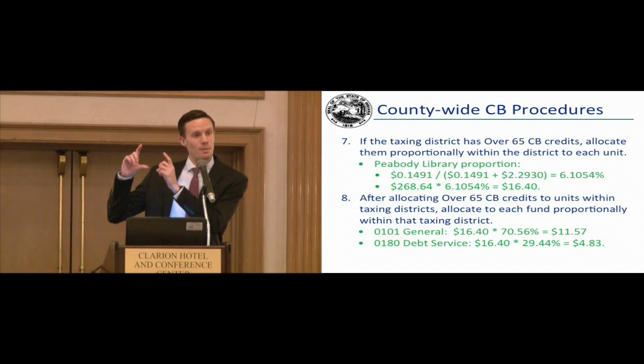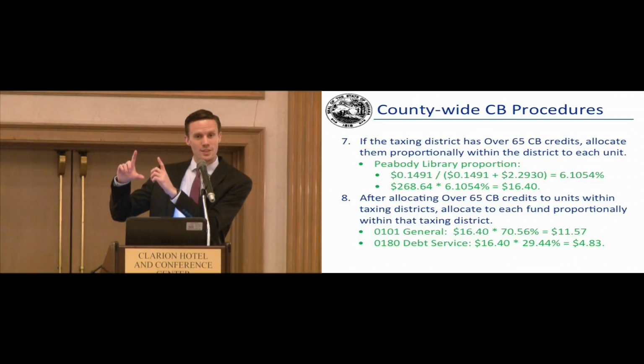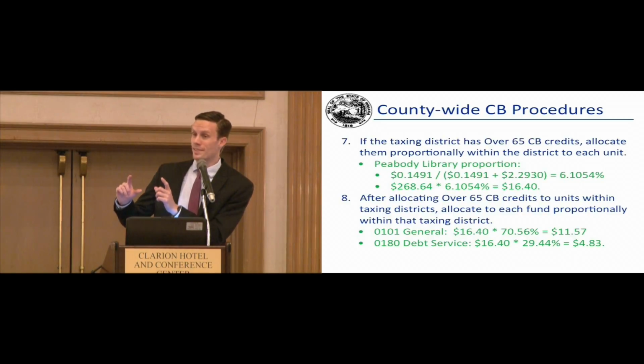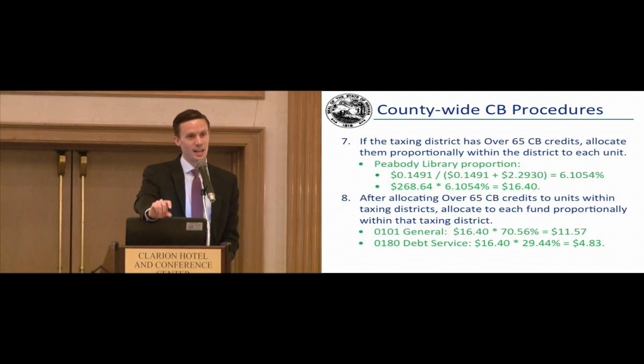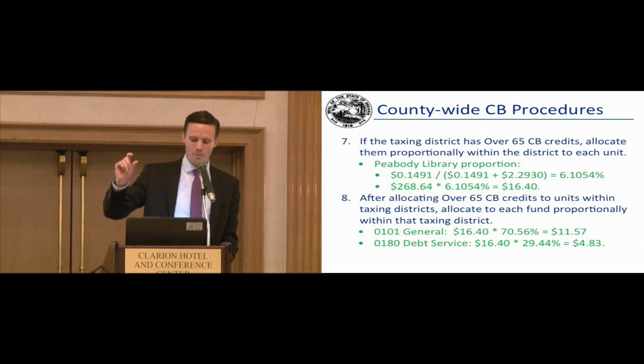And then step 8 is the next step. So we've moved from thinking about taxing units within the taxing district, and now we're thinking about funds within the taxing unit for the purpose of the over 65 calculation. At this point, we're going to take that $16.40 and multiply it proportionally by the taxing rates for that taxing unit within that taxing district.